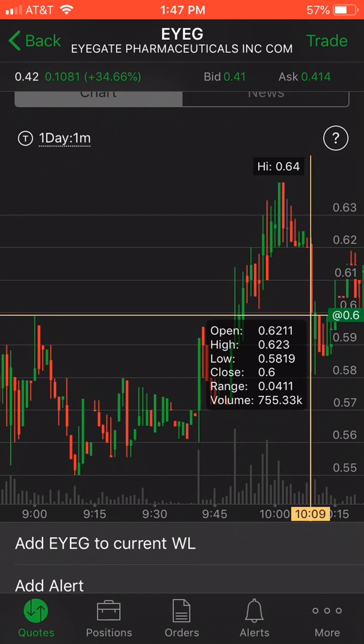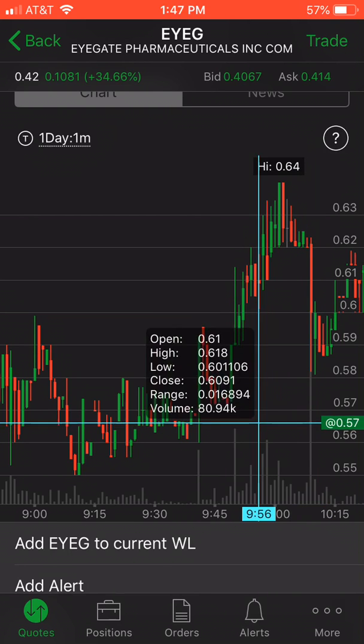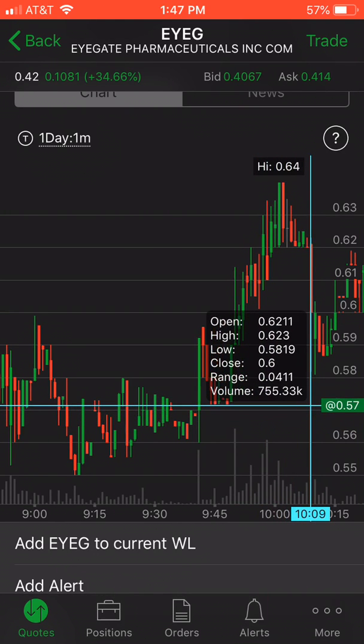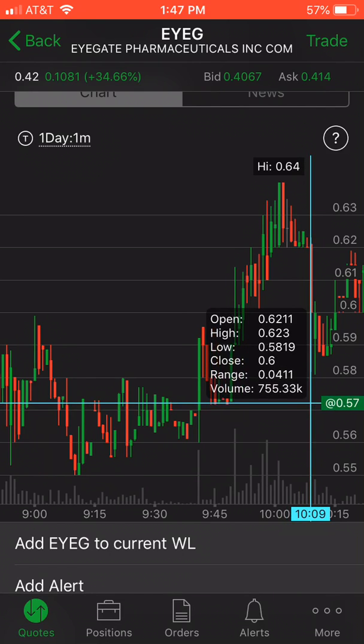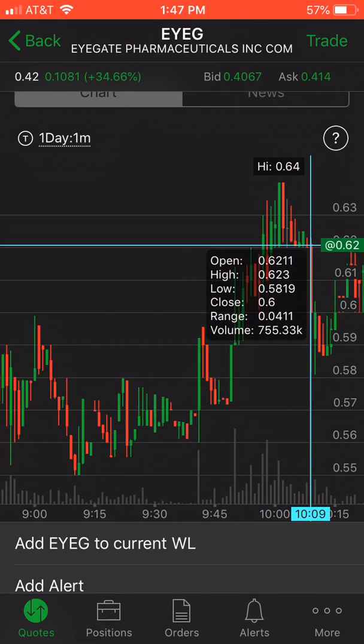But on the computer I could see the level 2. I see market makers, the top bid and ask, and I also see the bid size and ask size. The bid is like the buyers, and there was a big buyer with a bid size of over 2,000 at 62.